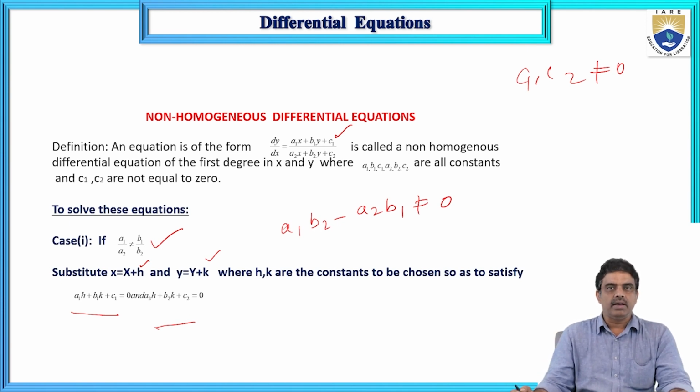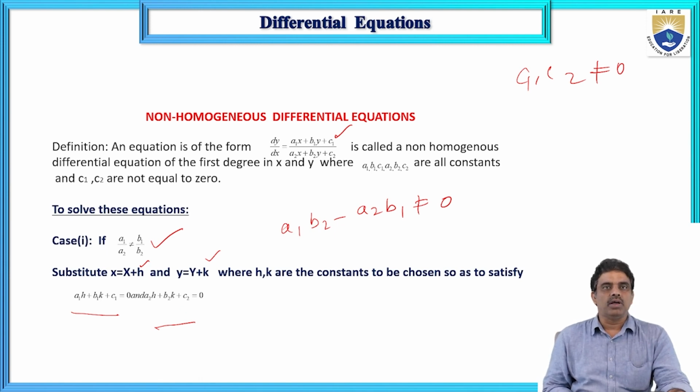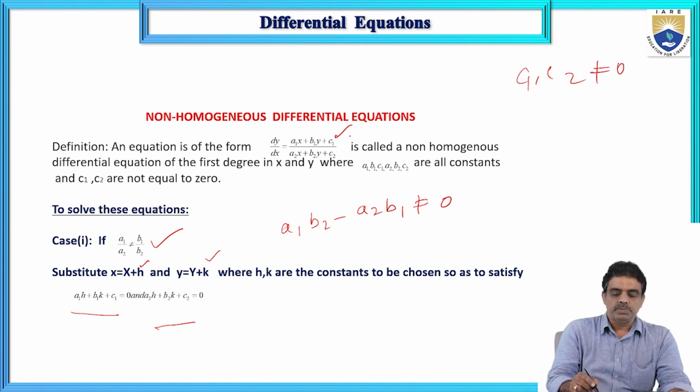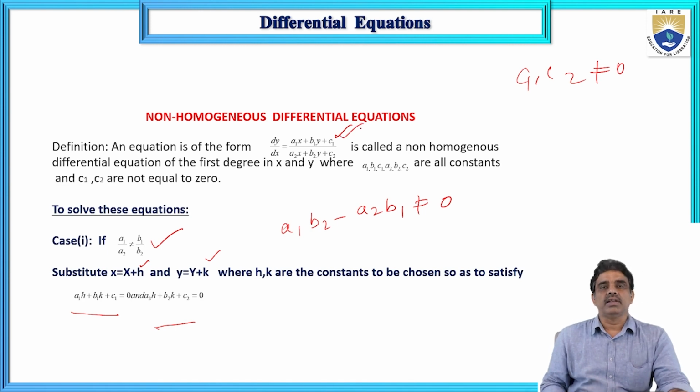So h, k are the solutions of these two equations. After solving the two equations, we get h and k. On substitution, we get small x and small y. Substitute small x and small y in the equation dy by dx is equal to a1x plus b1y plus c1 by a2x plus b2y plus c2.